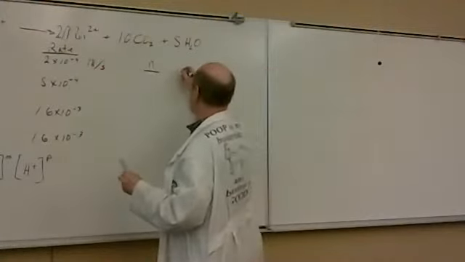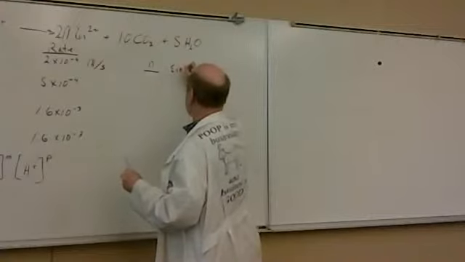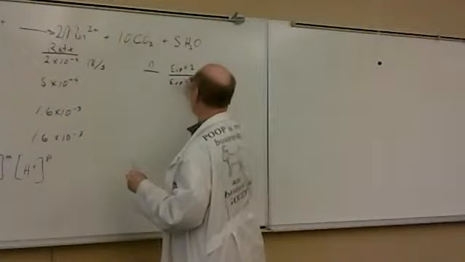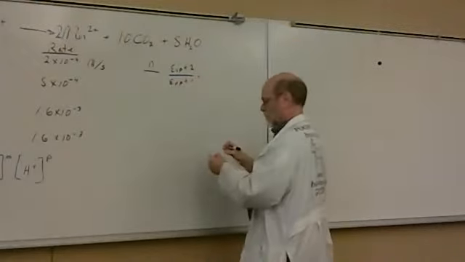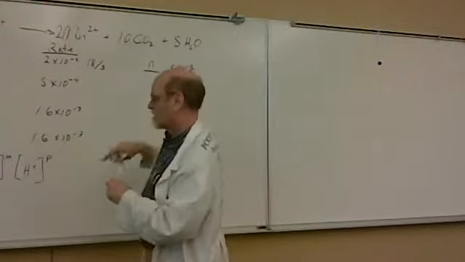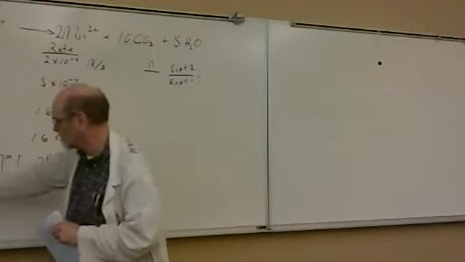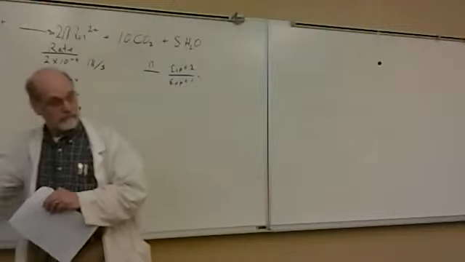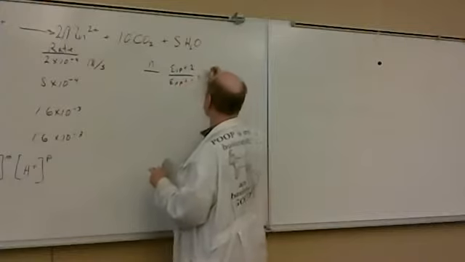So if we say experiment 2 divided by experiment 1, we have this rate expression here. This rate for 2 divided by this rate for 1. Rate 2 divided by rate 1, right?